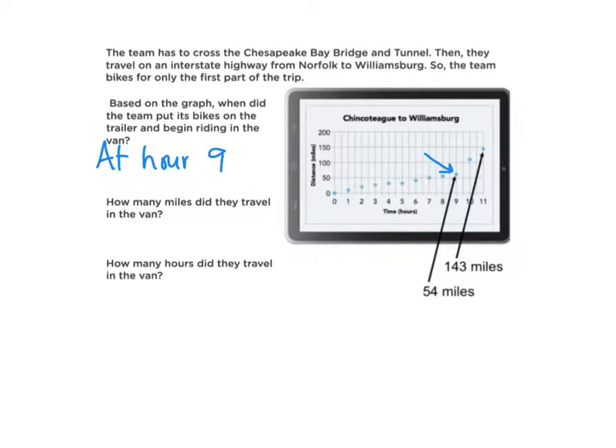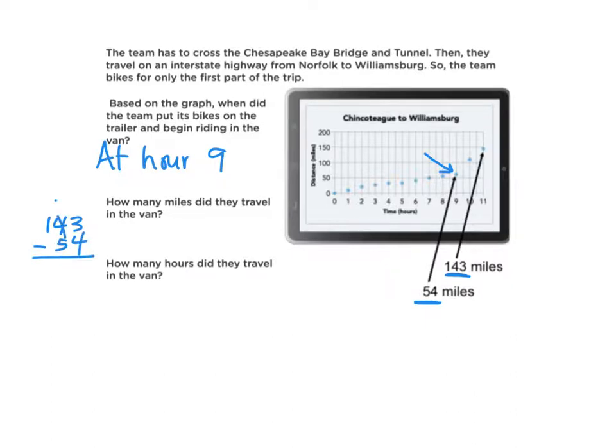And we need to think about how many miles did they travel in the van. So at mile 9, they had already done 54 miles. And by the end of the trip, they had gotten to 143 miles. So how many miles did they cover while they were in the van? We would have to do some subtraction to figure that out.